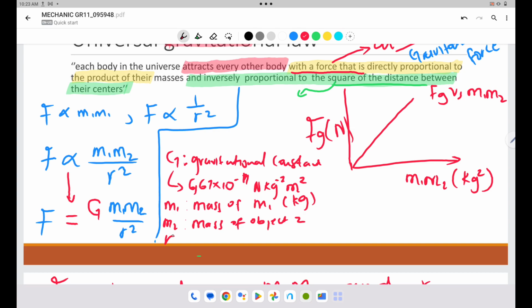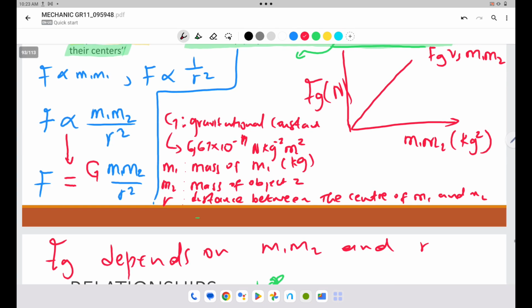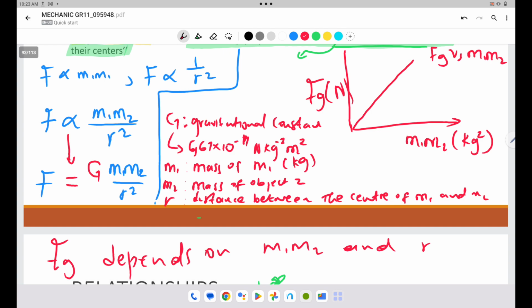And R is the most important variable over here. R is the distance between the centers of M1 and M2. And then F is the gravitational force.